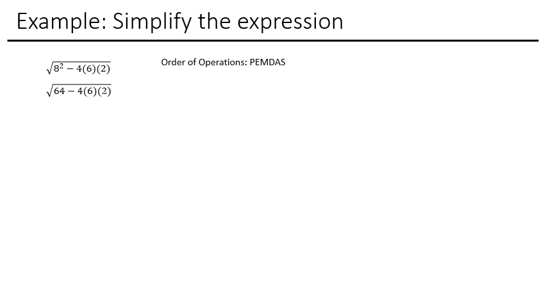Okay, now I go to multiplication and division, and this is where you do it in order from left to right. And so I'm going to first do this 4 times 6, and then I'm going to multiply that times the 2. And so you have 64 minus 24 times 2. That would be 64 minus 48, which is the square root of 16.